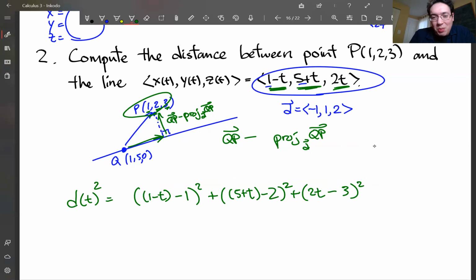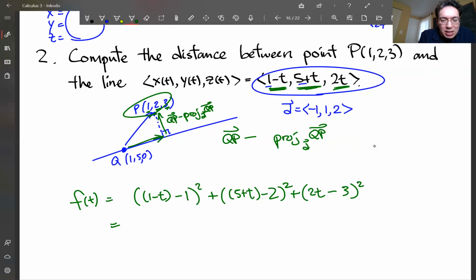That will happen at the same point, but I don't have to deal with taking the derivative of a square root, which is a little bit of a pain. Okay, so instead of d squared, I'm just going to call this function f. Take the derivative, set it equal to 0 and then find when the minimum happens. But before I do that, let me square everything out and maybe it'll be a little bit easier to compute.